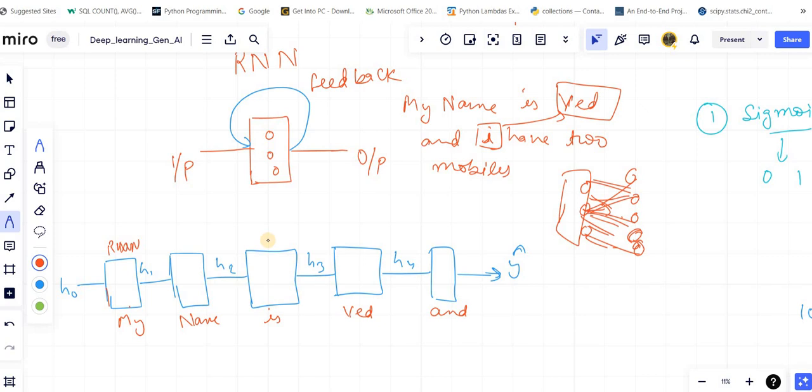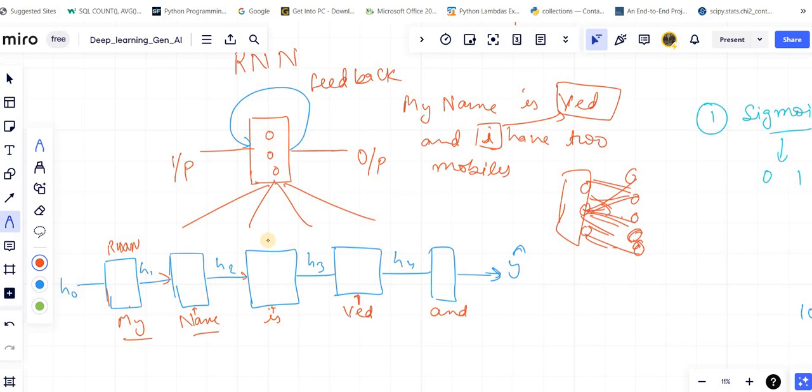If I give an input to this RNN, my, then this hidden state goes to the RNN part, as I showed here. When the next word, name, goes in, I take one more input from my. Then when I give the word is, it takes another input, H2, which has the information from my and name.